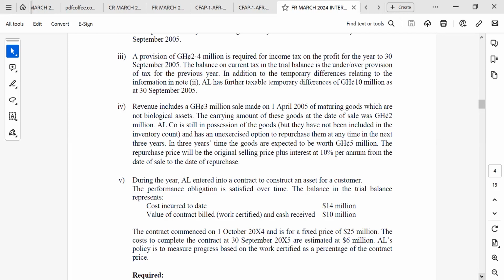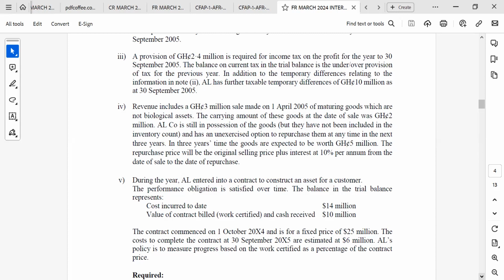The contract commenced on 1 October 20x4 and is for a fixed price of $25 million. The costs to complete the contract at 30 September 20x5 are estimated at $6 million. AL's policy is to measure progress based on the work certified as a percentage of the contract price.